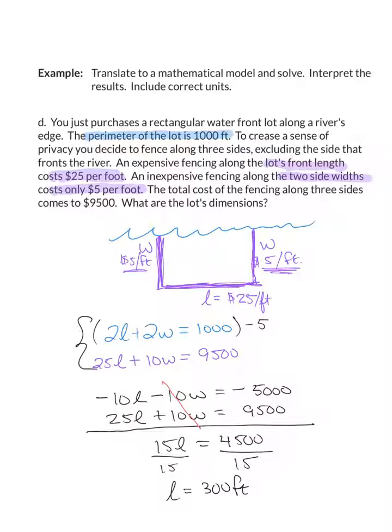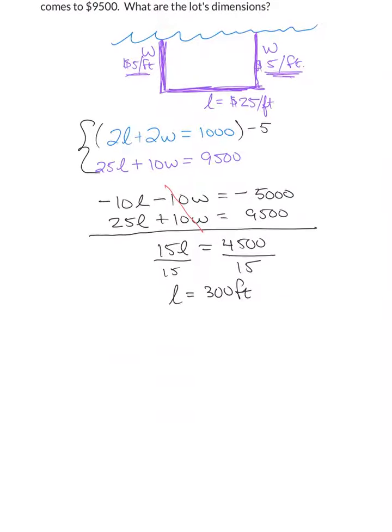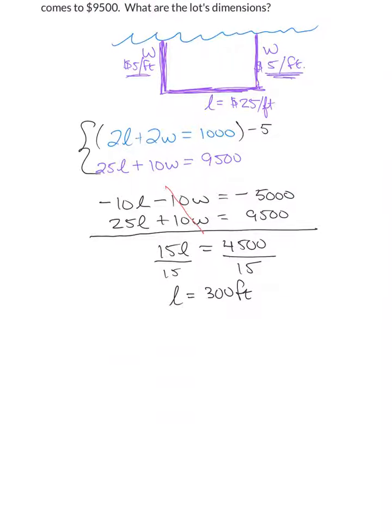Okay, so now let's go ahead and figure out what W is. So we're going to take this and plug it back into one of our original equations. It doesn't matter which one. If we plug it into the top one, we get 2 times 300 plus 2W equals 1,000. 2 times 300 is 600 plus 2W.